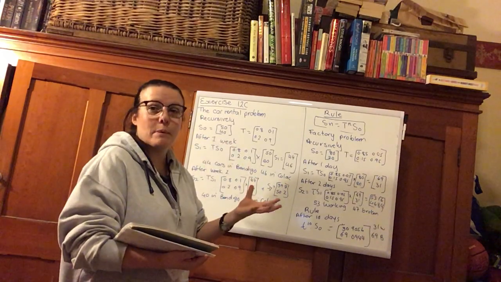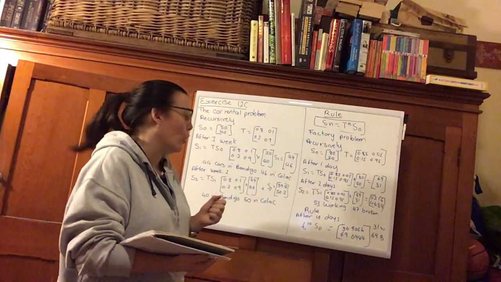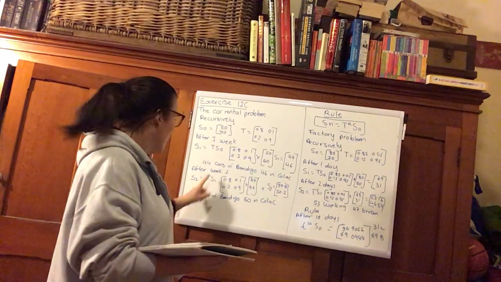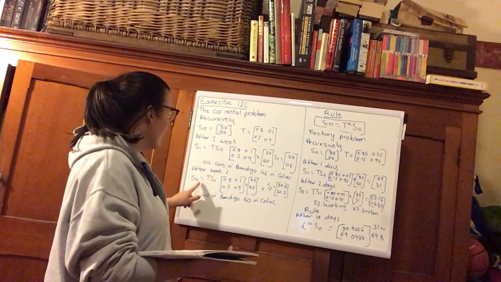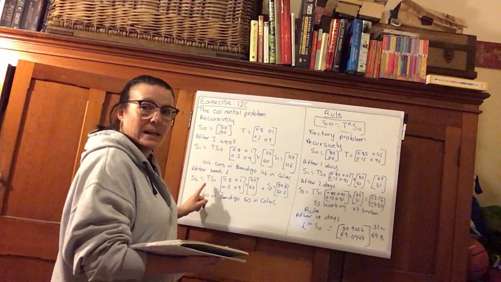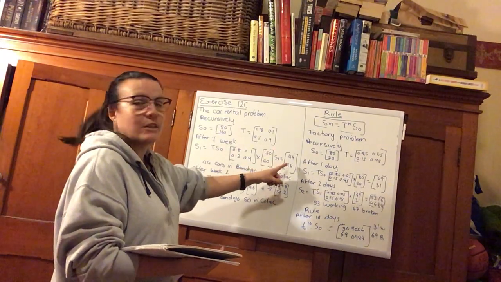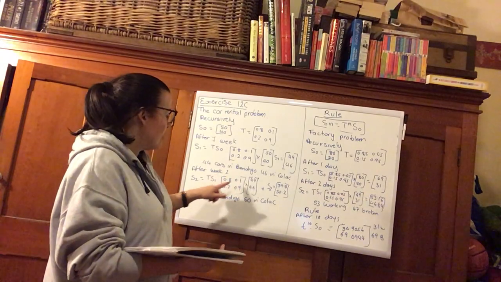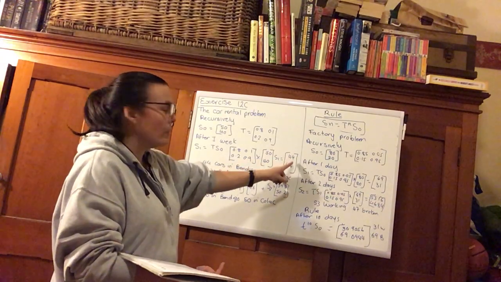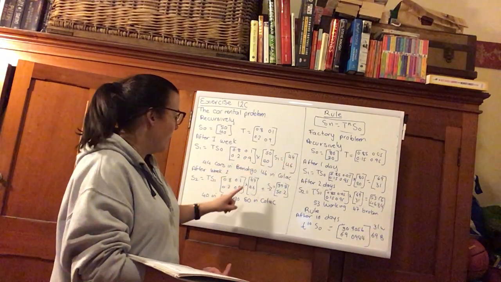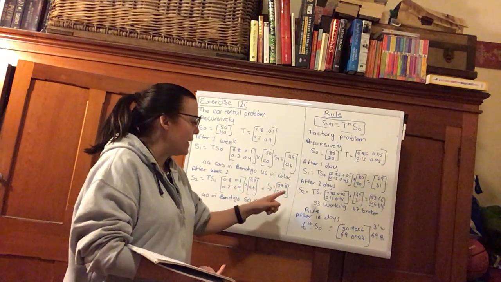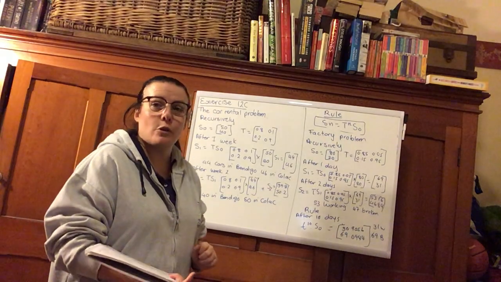So less end up in Bendigo, more end up in Colac. Okay, so after week 2, so for S2, I'll need my transition matrix and the answer for S1. So I take my transition matrix and I multiply it by the answer from S1. And S2 equals 39.8 and 50.2.